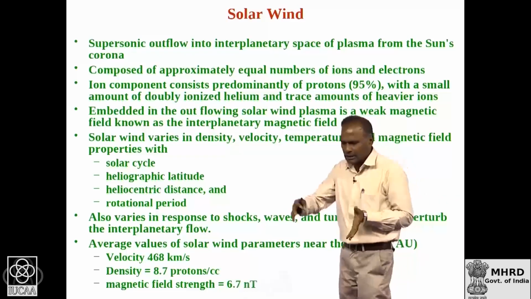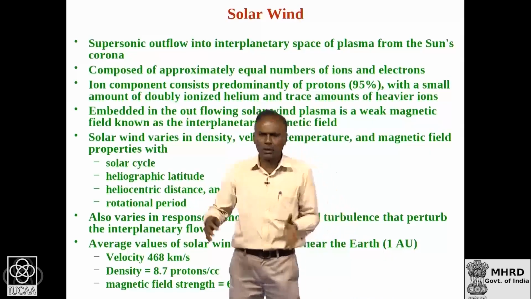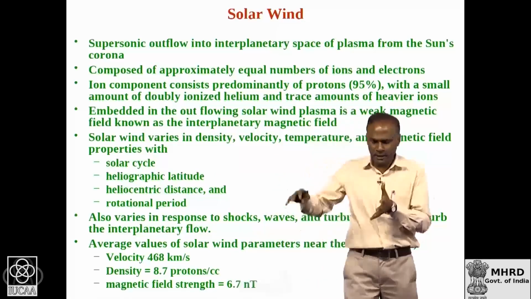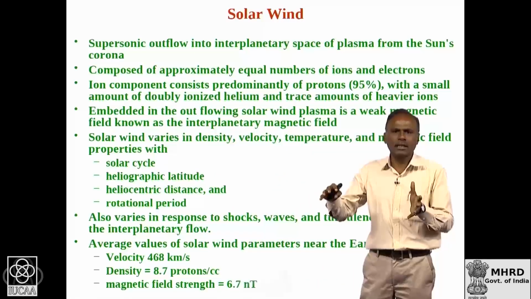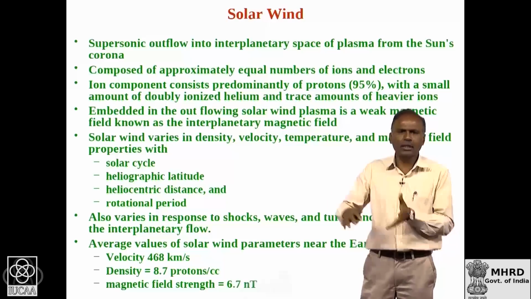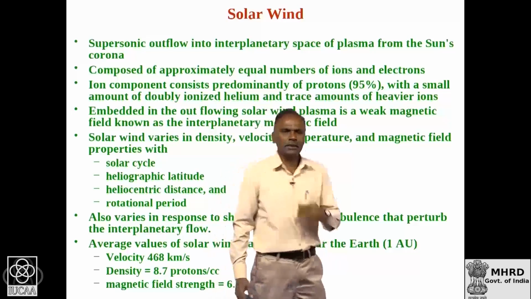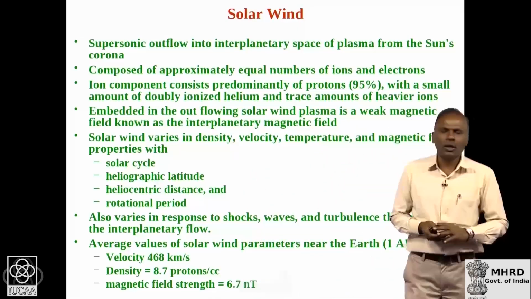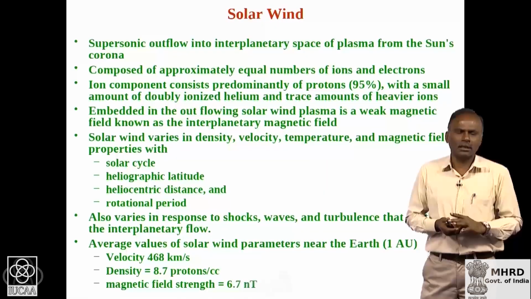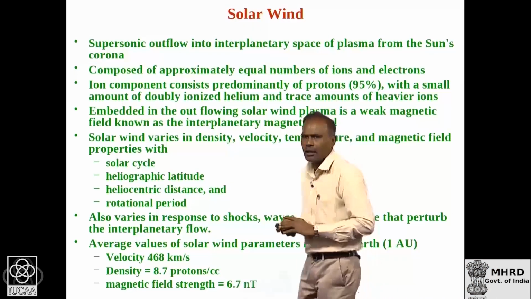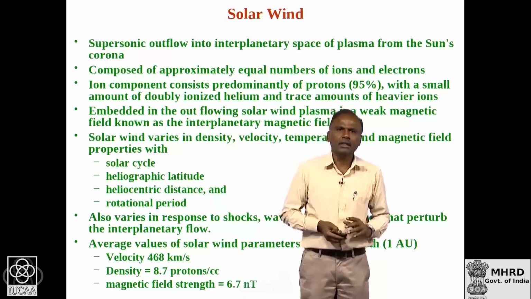The drastic variation is seen within about 20 solar radii. After that, the solar wind speed variation is typically very small as we go away from the sun, whereas the density can have a 1 over r square dependence, and the magnetic field can also have a radial dependence.